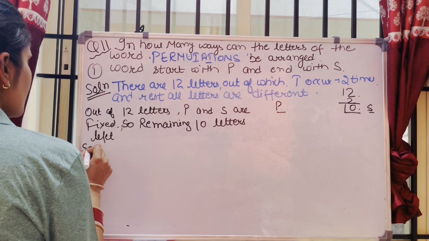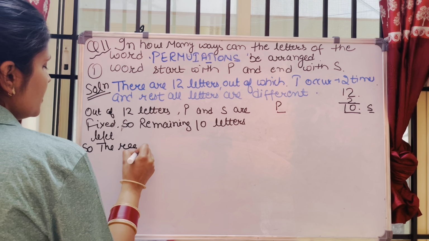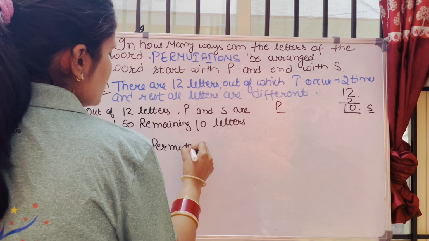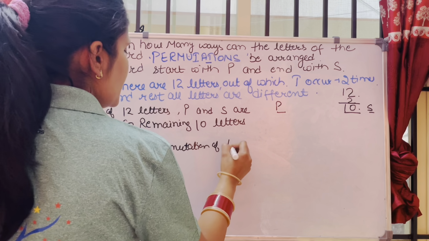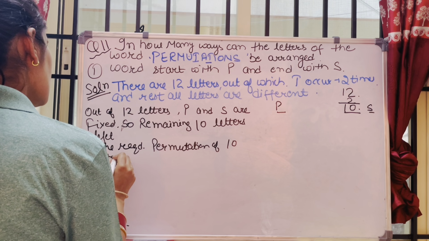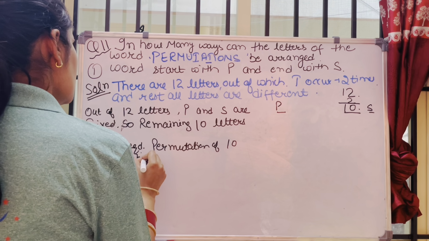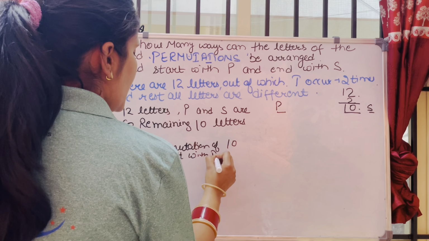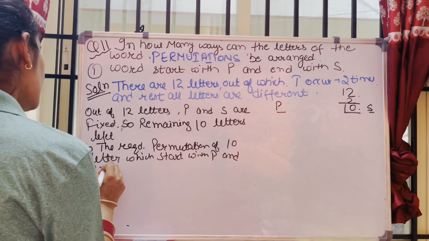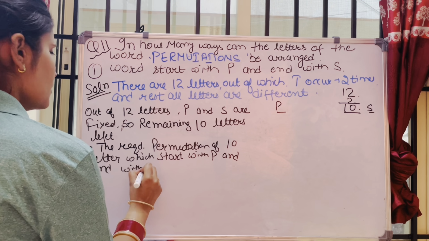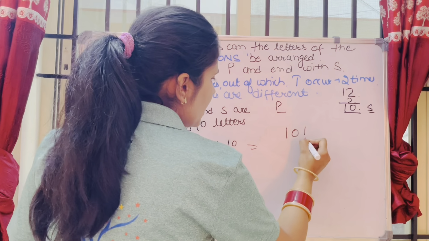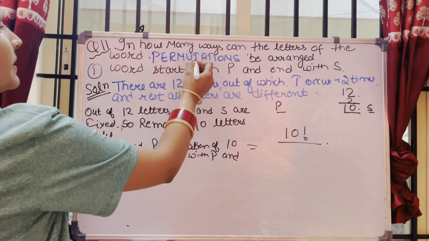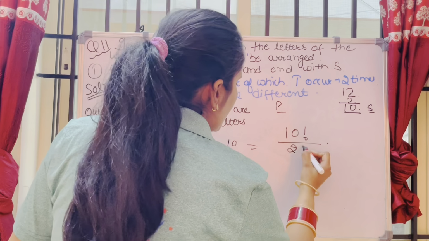So the required permutation is of 10 letters which start with P and end with S. So 10 factorial upon repeated letters, T comes 2 times, therefore 2 factorial.